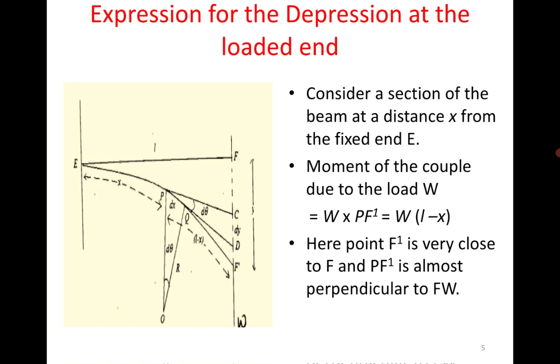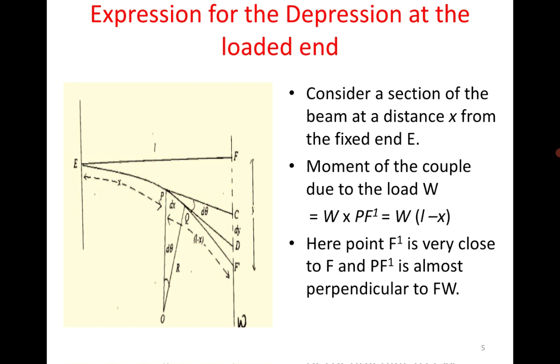Due to that load, the point F comes to the position F dash. Here we consider a point P which is at a distance x from the fixed end E. Then another point Q which is at a distance dx from the point P.